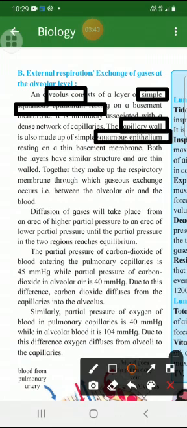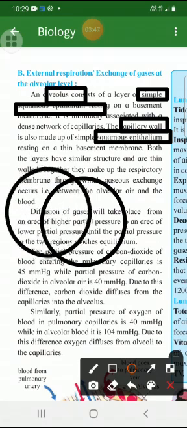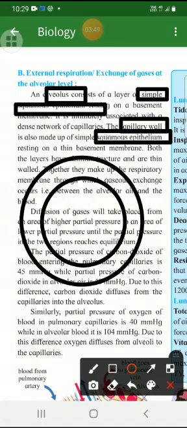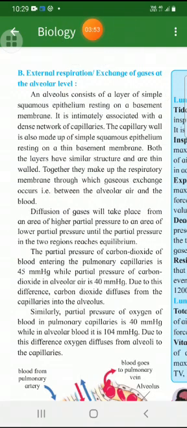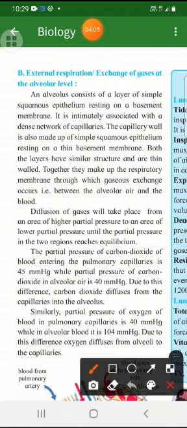So if I'm going to draw a structure, this is alveoli, and another lining is there. So यहाँ पे दो लेयर है, याद रखो. Okay, one is the alveoli layer and another is capillaries layer, right? So what is happening here? Diffusion is happening.